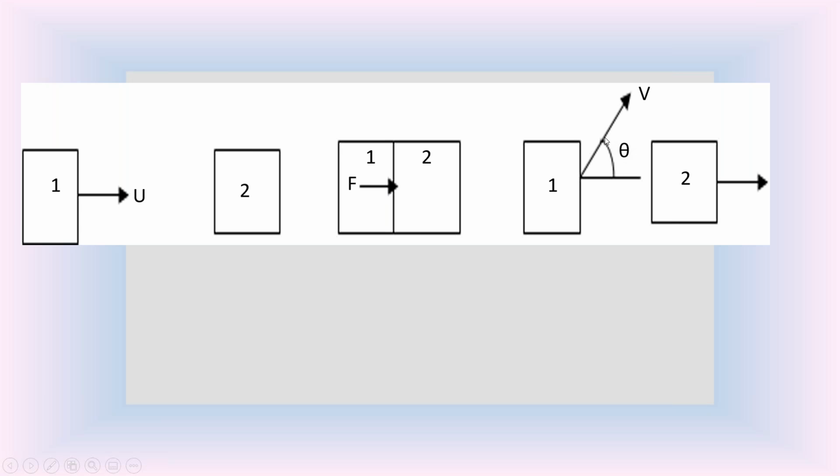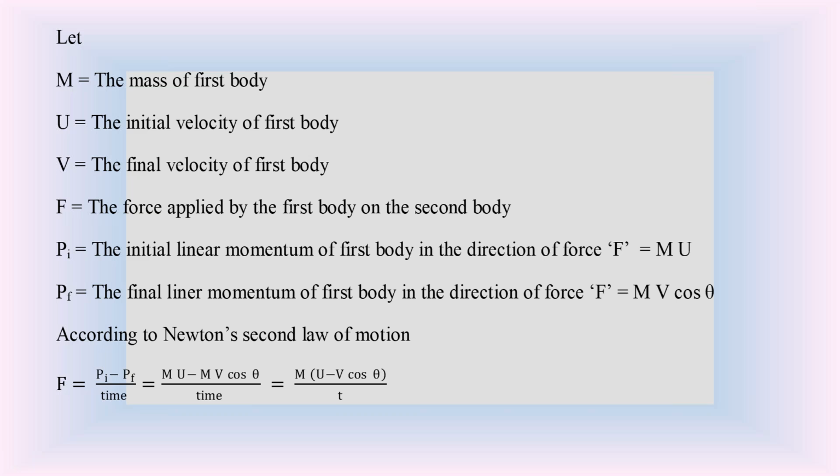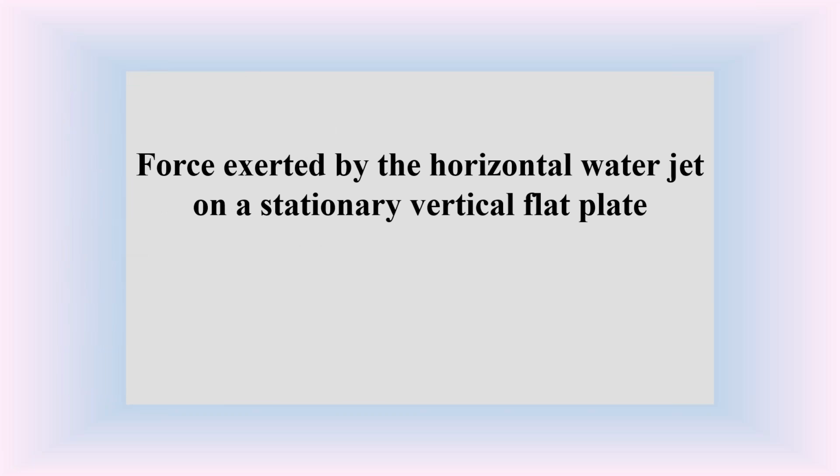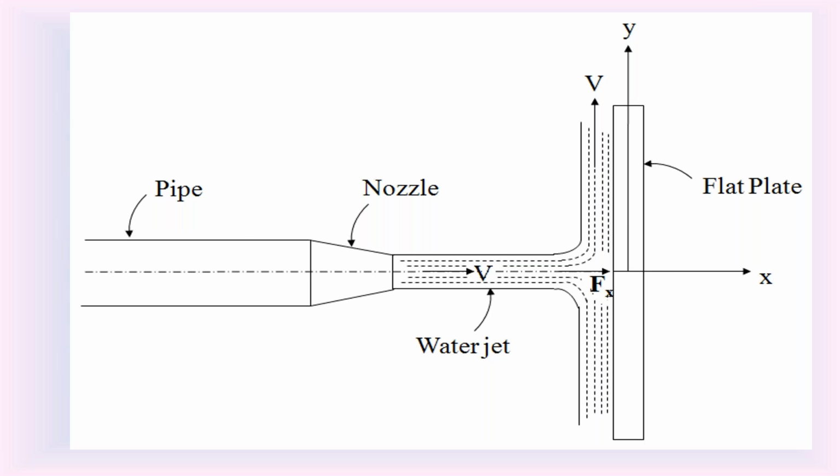But the final velocity v in the horizontal direction is 0. In the earlier diagram, the final velocity v in the horizontal direction is v cos theta. But if this theta is 90 degrees, that is vertical, v cos 90 is 0. So the final velocity of the water jet in the direction of force Fx is equal to 0.